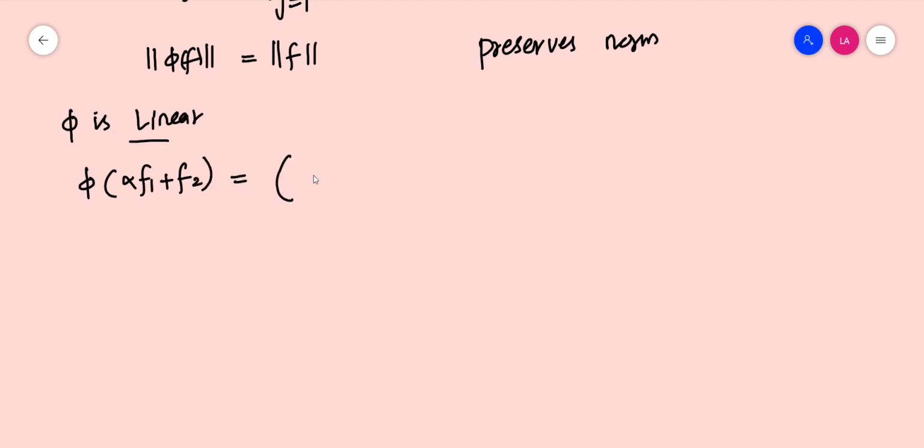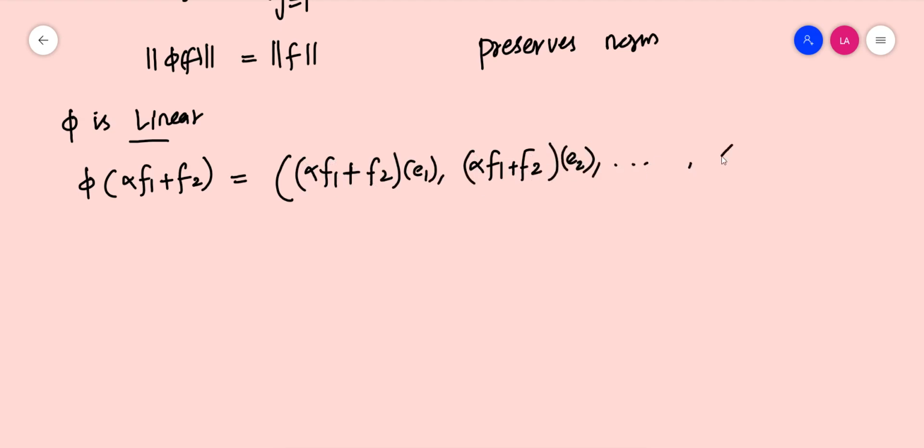By definition, this is ((alpha f1 plus f2) of e1, (alpha f1 plus f2) of e2, etc., (alpha f1 plus f2) of en).